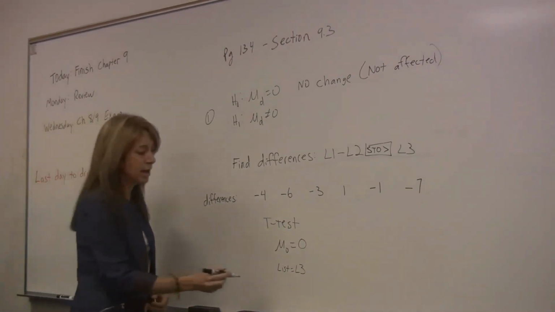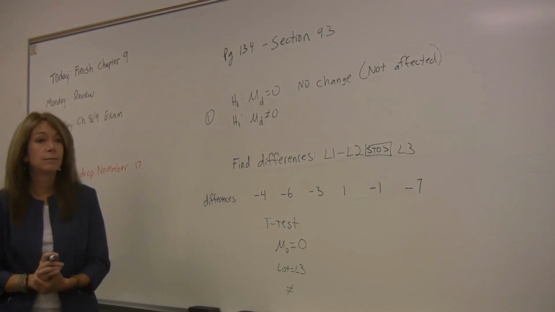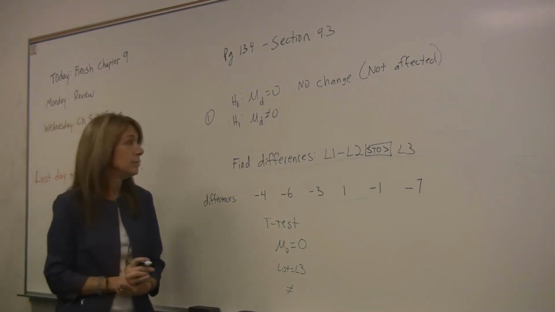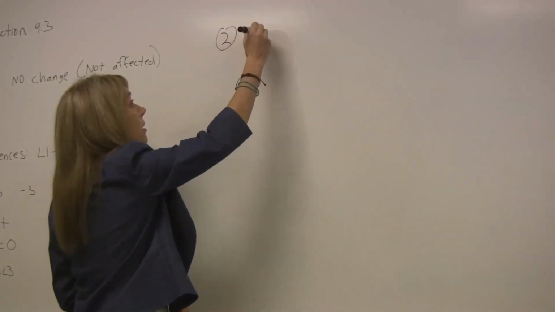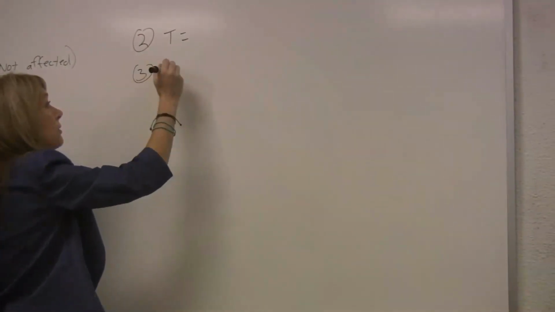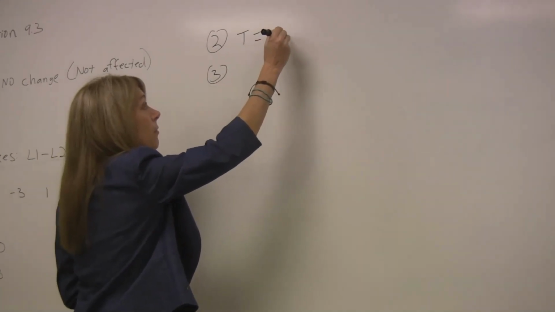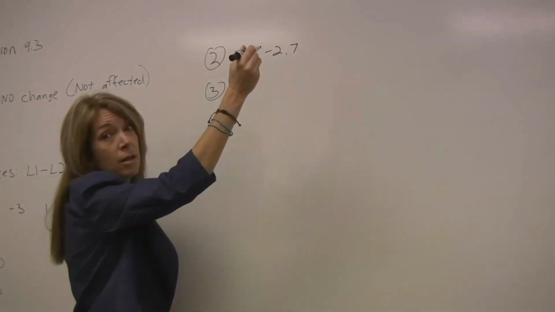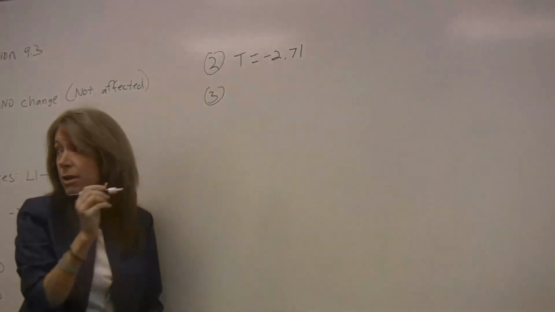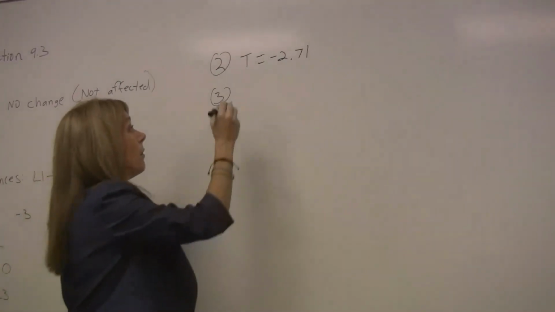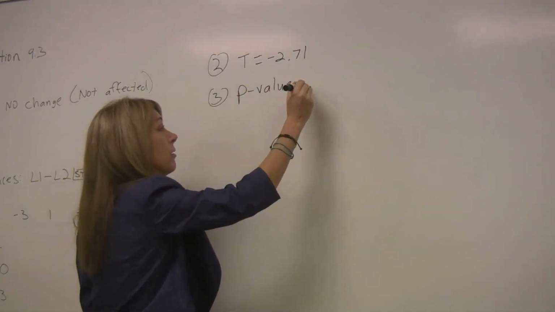We're going to tell it we have a not equal to claim. And we should get a test statistic of negative 2.771. Agree with that? And a p-value of 0.042.